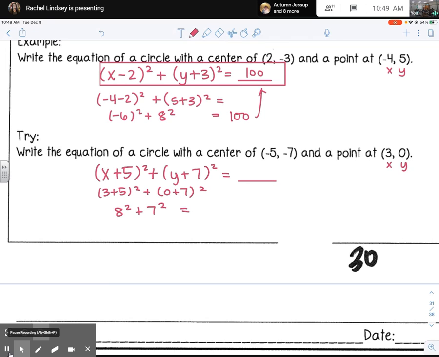So you'll get 8 squared plus 7 squared. That gives you 113. That's what goes into the blank.